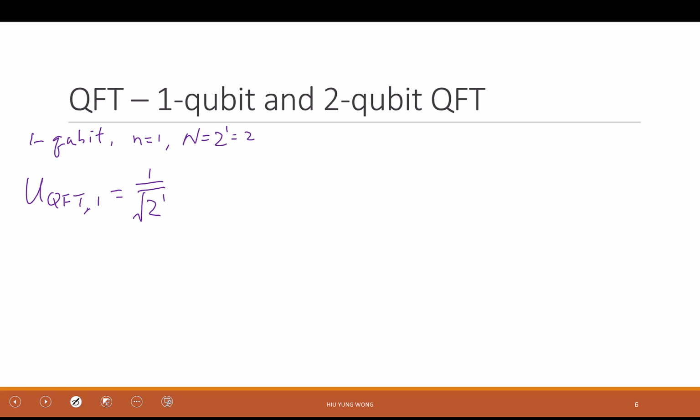Maybe you forget, but that is what I remember. Omega negative 0 times 0. What is this element? Omega 0 times 1. Omega negative 1 times 0. Omega negative 1 times 1. So it's easy, right? This is 1 over square root 2.